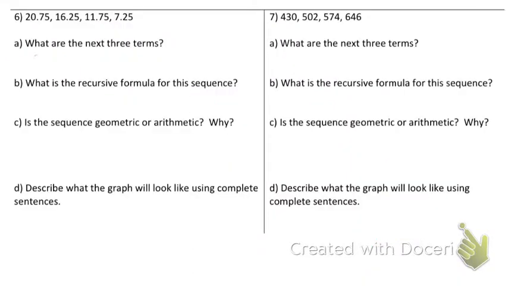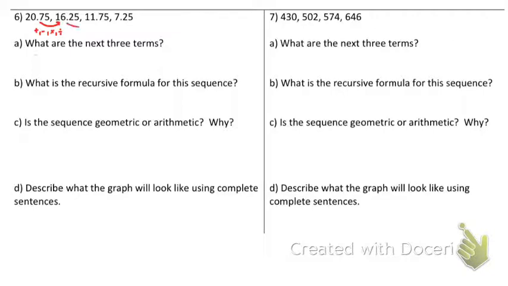Number 6. We want to figure out what are the next 3 terms in our sequence. So in order to do that, we first must find out, what do I add or subtract to get to the next term, or what do I multiply or divide to get to the next term? So your question is, am I adding, subtracting, multiplying, or dividing to get to the next number, okay?